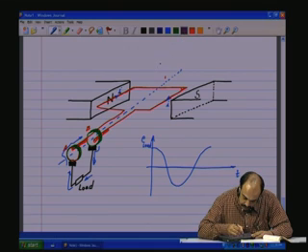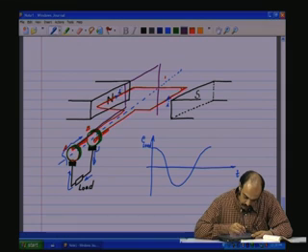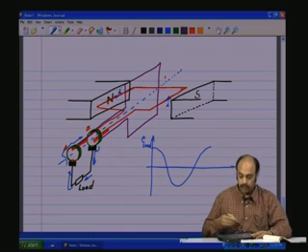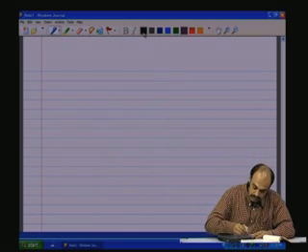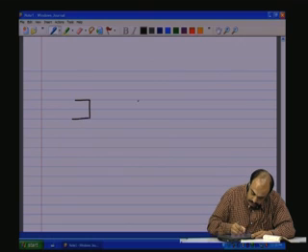Let us say the coil has now taken the position which is like that, and this has gone like that. That is, it is this vertical position. Probably it is confusing. Let me redraw that one. It is better to look at it like this.